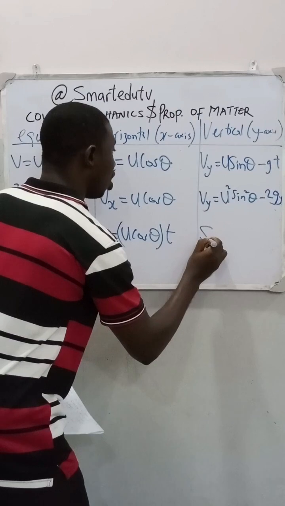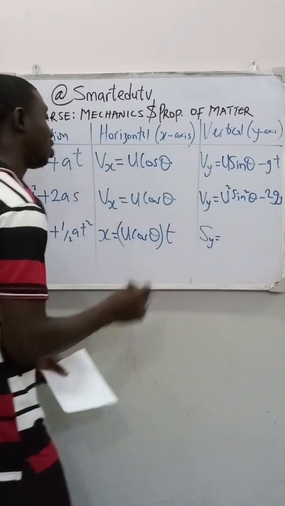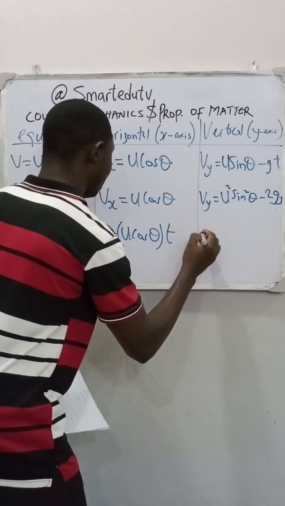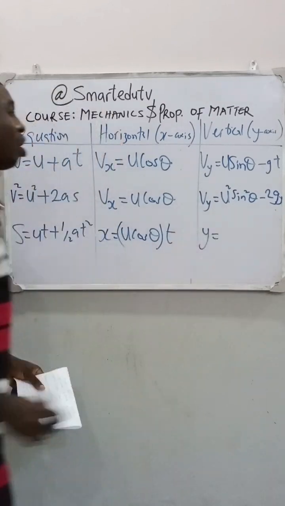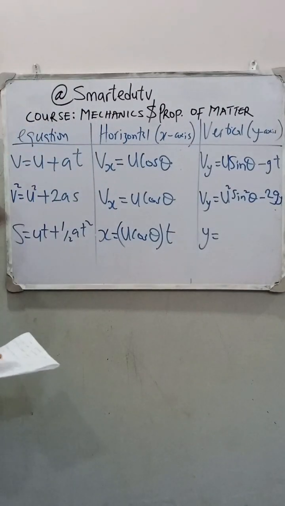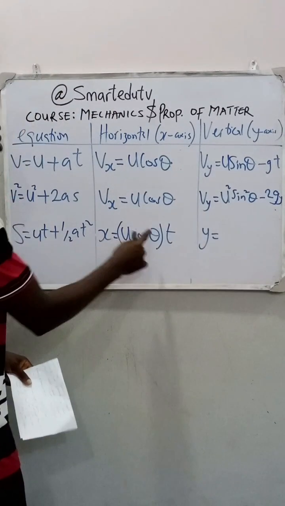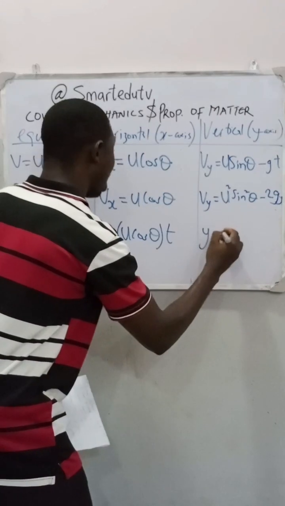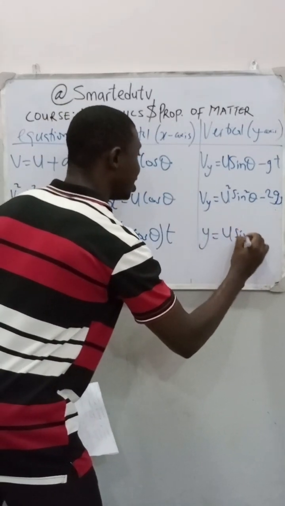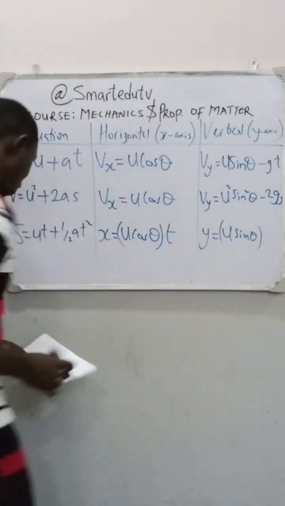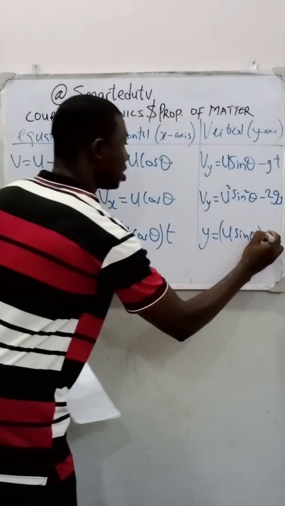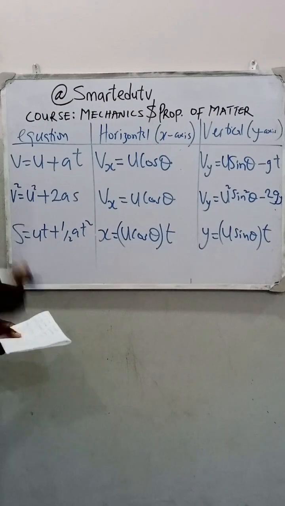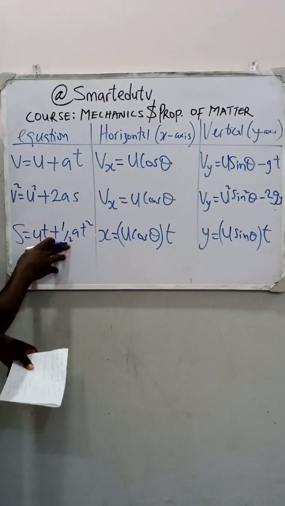Let's see what happens to the displacement along the y-axis, which is the same as ordinary y. My y will be given as, in terms of the y-axis, instead of using cos, I'll change to sine. I'm going to have u sin theta times t, ut plus half at squared.